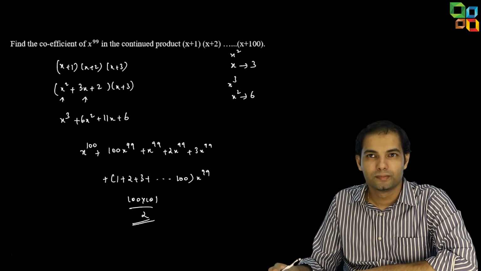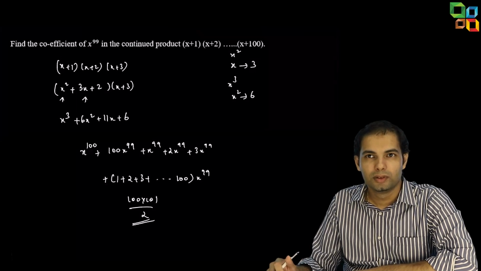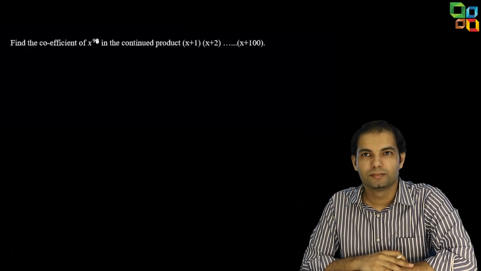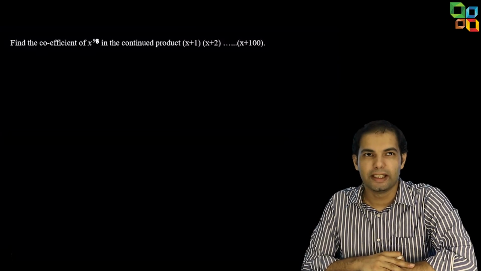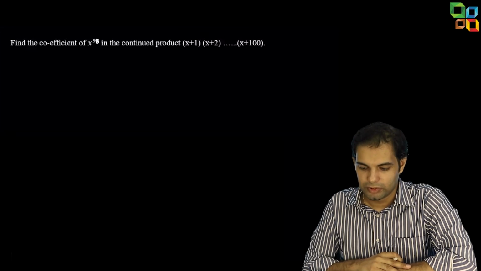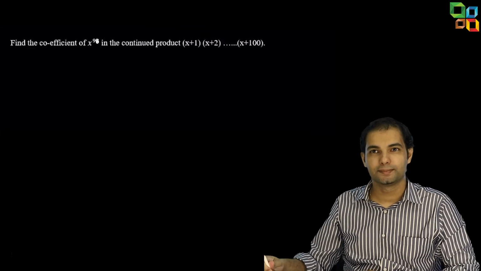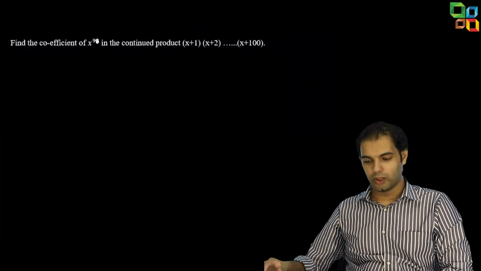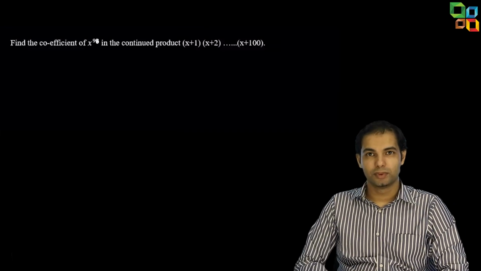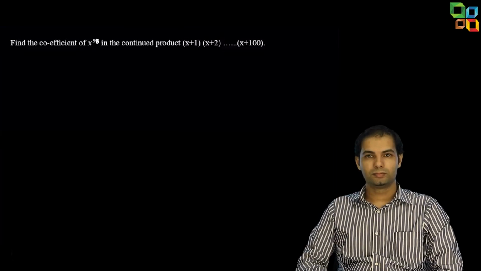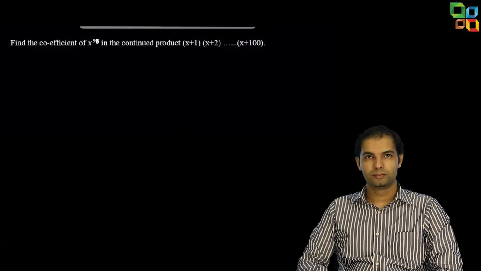Fine? Clear? Okay. Instead of 99, I asked x power 98. So try to find the coefficient of x power 98. More involved than x power 99, but you can try to figure it out.